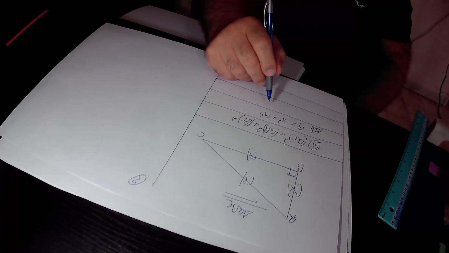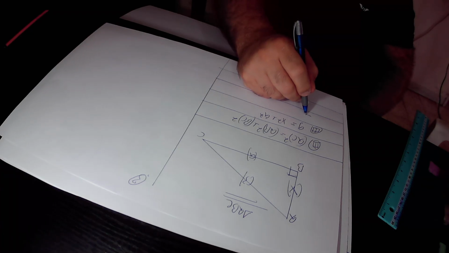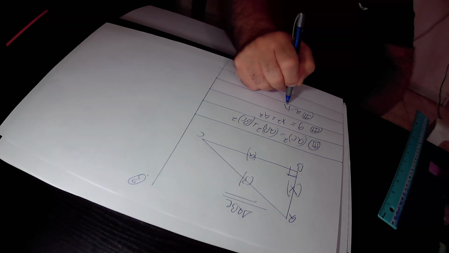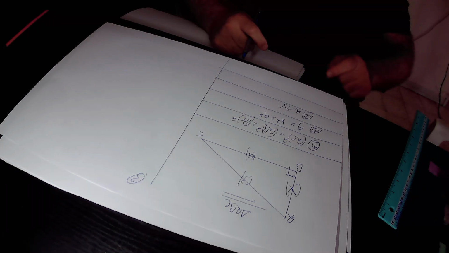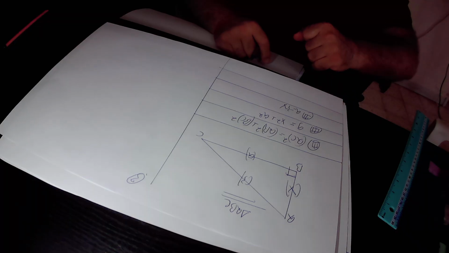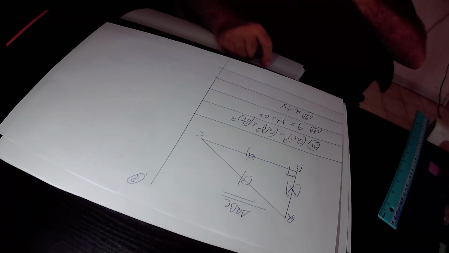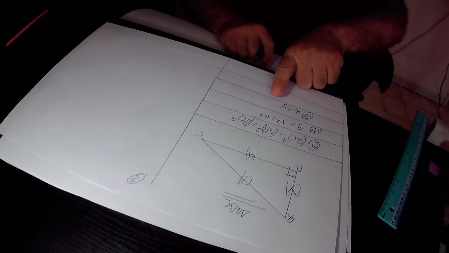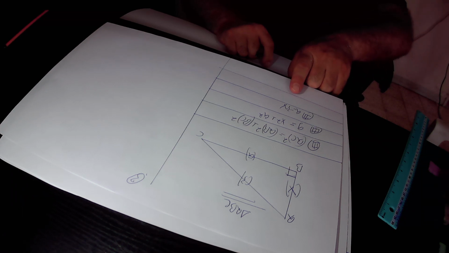This is according to equation 3, while according to equation 2, we have already found out that a equals 3x. If a equals 3x, it means that a squared must be equal to 3x squared. Therefore, we'll substitute a squared in equation 3 by 3x squared from equation 2.